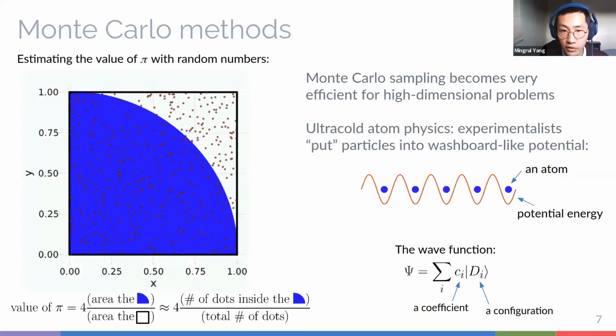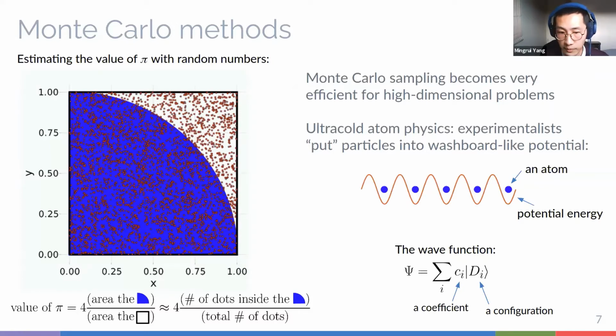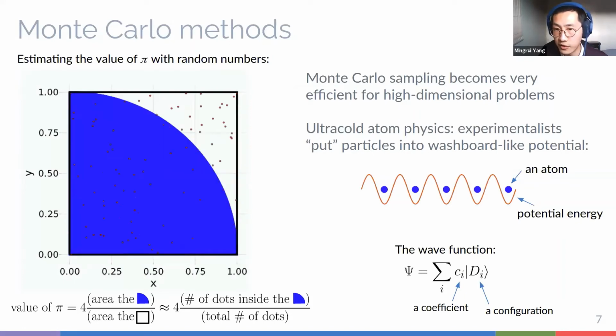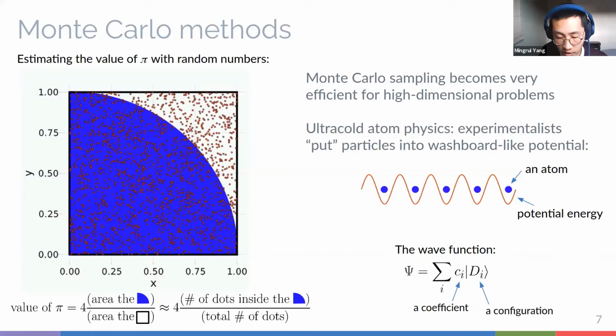Now let's take a look at the Monte Carlo algorithm that I'm using for my research in physics. On the left, it's a very simple example of using Monte Carlo to estimate the value of pi with random numbers. Monte Carlo becomes way more powerful and efficient for higher dimensional problems. One of the higher dimensional problems in my daily research is ultracold atom physics.